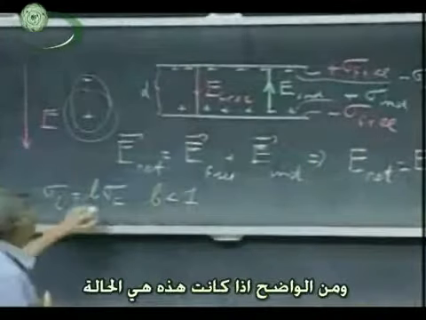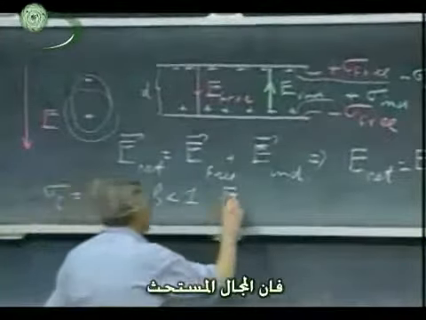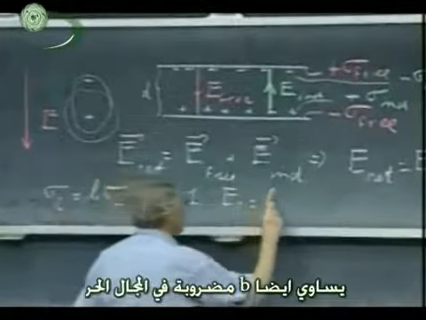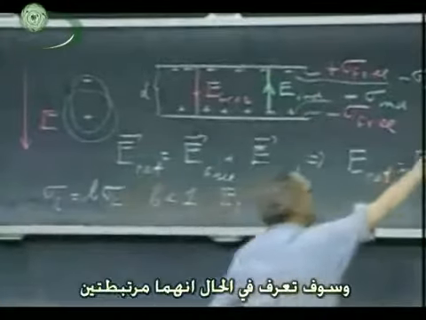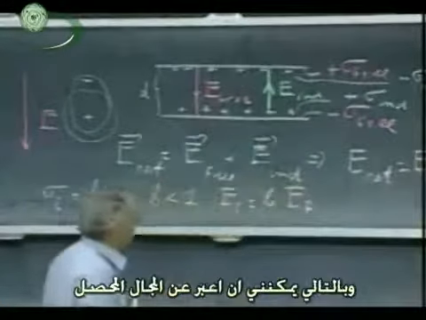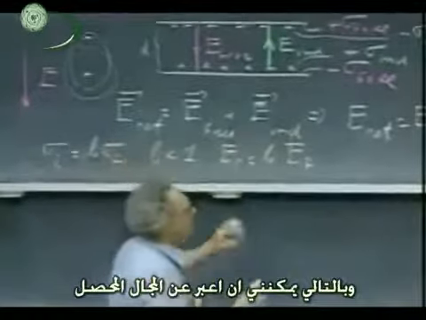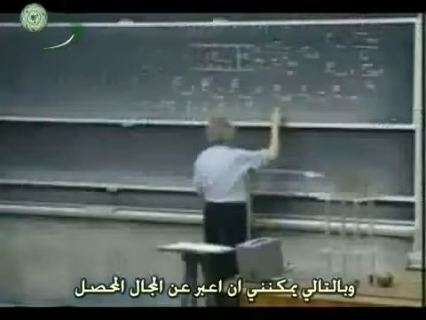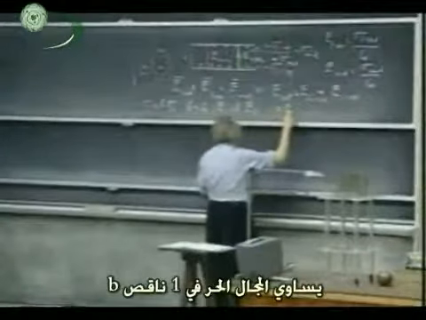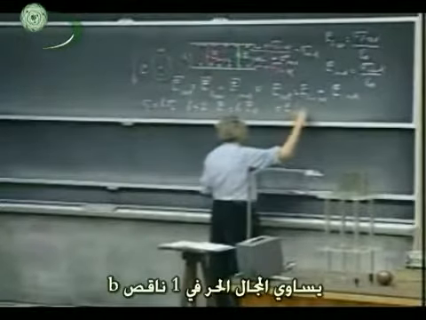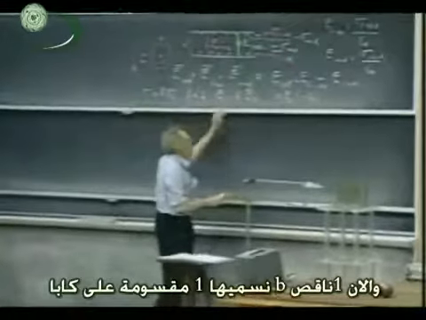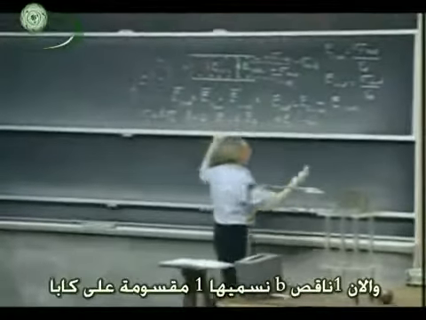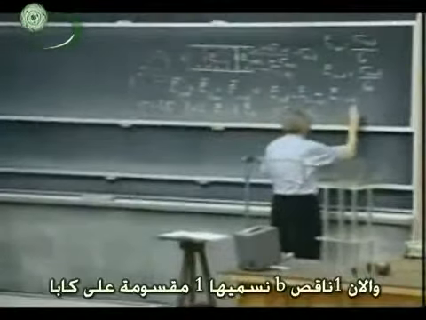That's the meaning of B. So clearly, if this is the case, then E of I must also be B times E of F. You can tell immediately they're connected. And so now I can write down for E net: E free times 1 minus B.